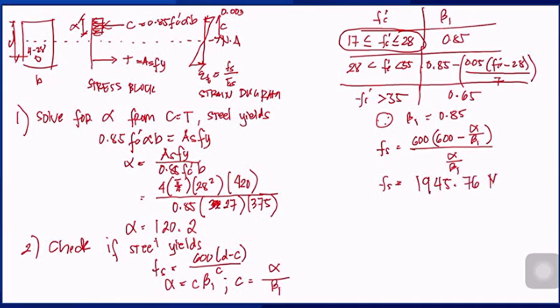So, this is MPA. So, what is now our assumption? Fs, then Fy. Tama sa iba? 1945.76. So, since Fs is greater than Fy, tama yung assumption natin na still yields.